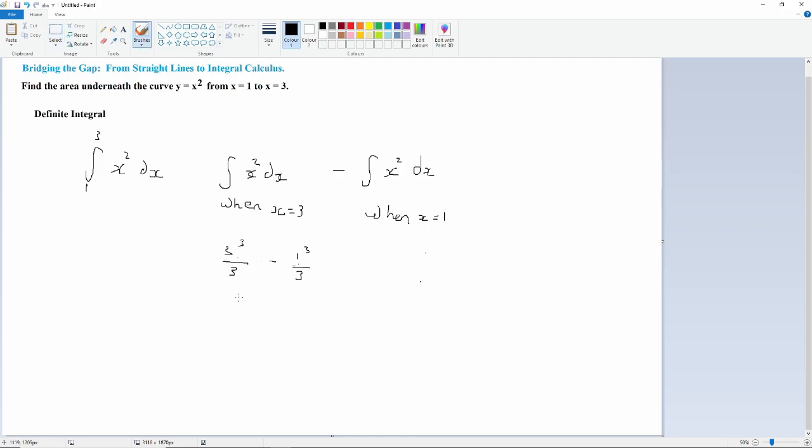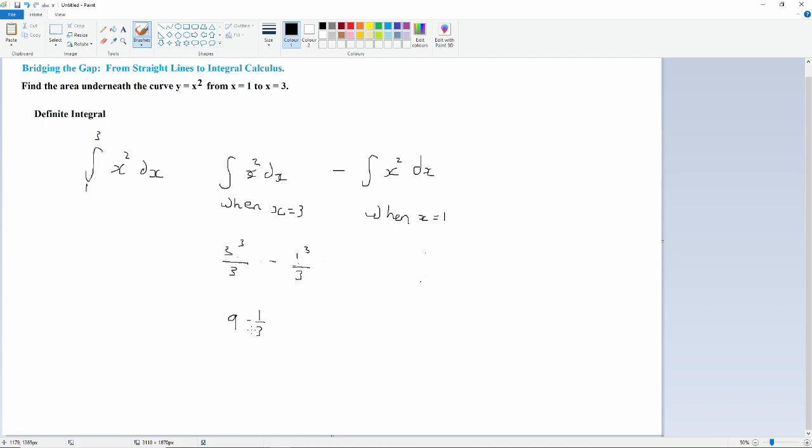And so now we have a very simple expression. So 3 cubed divided by 3 is just 3 squared, which is 9. Or you could say 27 divided by 3 is 9. And then subtract 1 cubed divided by 3, which is just 1 over 3.